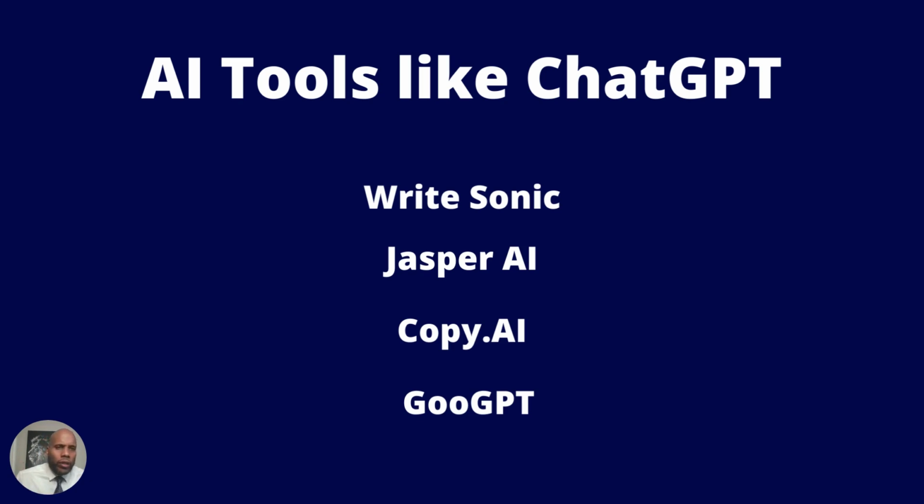If you kind of don't want to do all the prompting or don't have the time for all that, Copy AI already has tons of templates in there already for you. Again, a little pricey, but definitely worth every penny. Go GPT is another really cool AI software like ChatGPT that connects with Google. I highly recommend you guys checking these out.